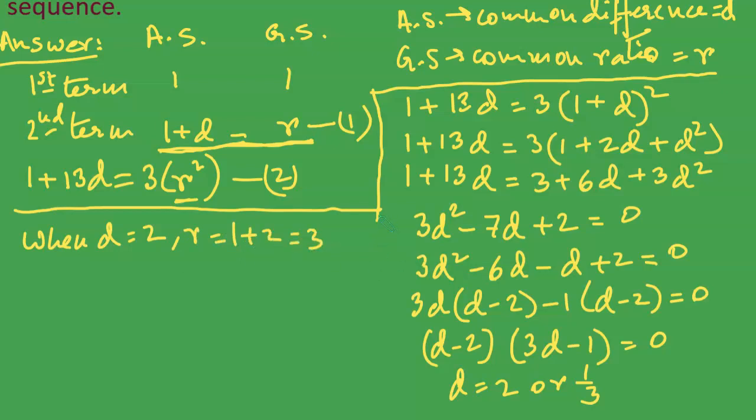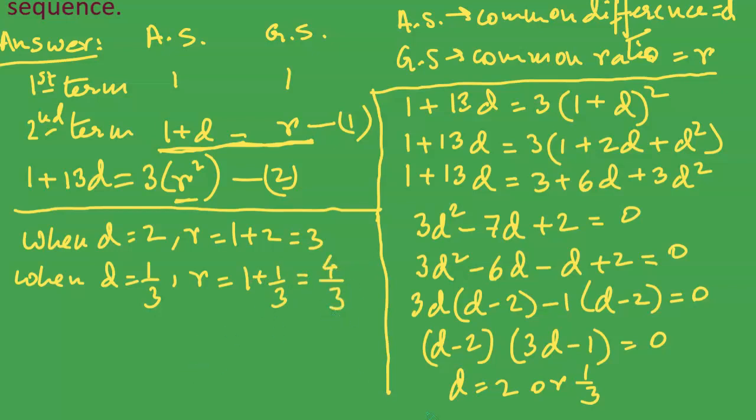Okay, and when d is equal to 1 over 3, r is equal to 1 plus 1 over 3, which is equal to 4 over 3.